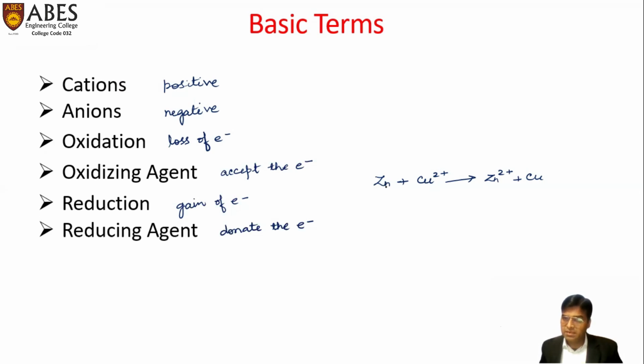So here zinc is undergoing oxidation but causing reduction of Cu2+ ions. So it works as the reducing agent. Similarly, Cu2+ is accepting those electrons from the zinc and it is causing oxidation of zinc.